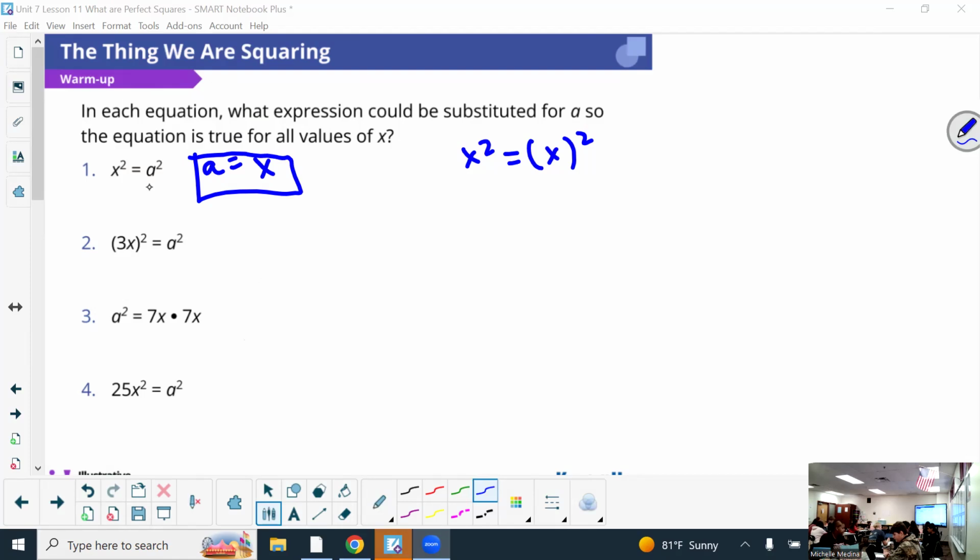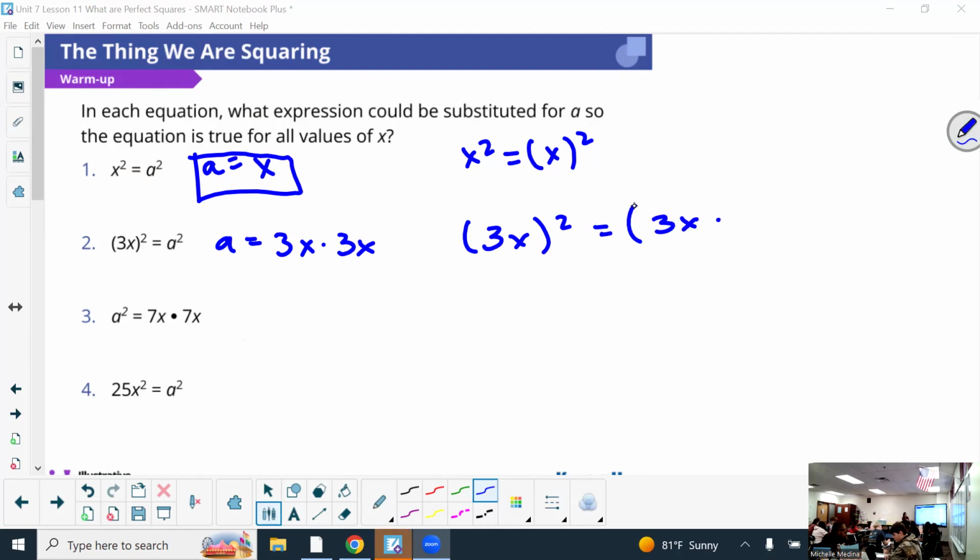Table 4, what about in the second one? What does A have to be? Okay, so let's see what happens if I plug it in for the A. Anytime you're plugging in, you should use parentheses, so notice I did that up here.